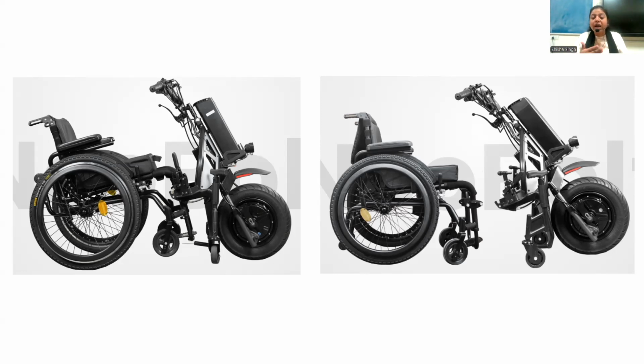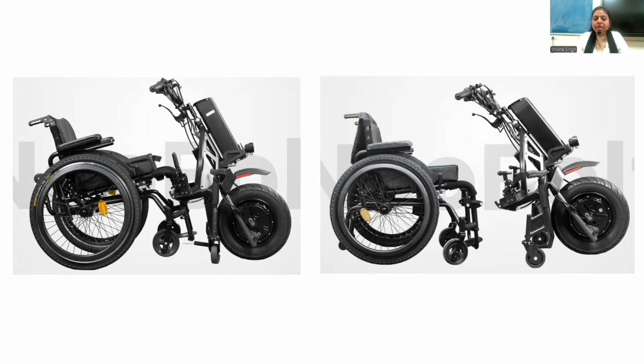So this dual kind of flexibility itself is showing how they have prepared this product for disabled people who are unable to walk properly, or who don't want to take someone's help in going out of their homes. They can easily utilize this kind of product.